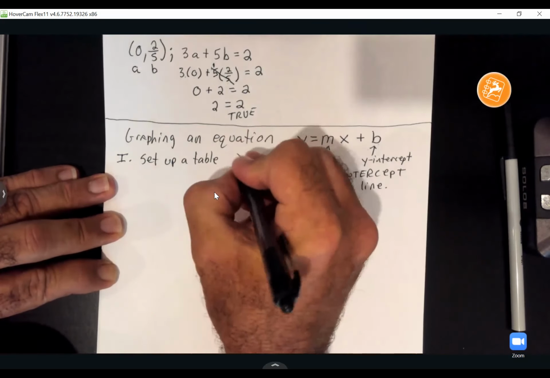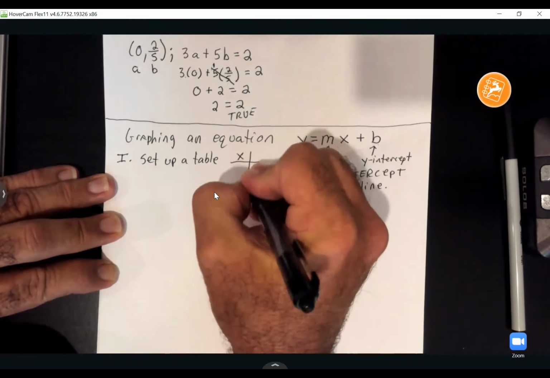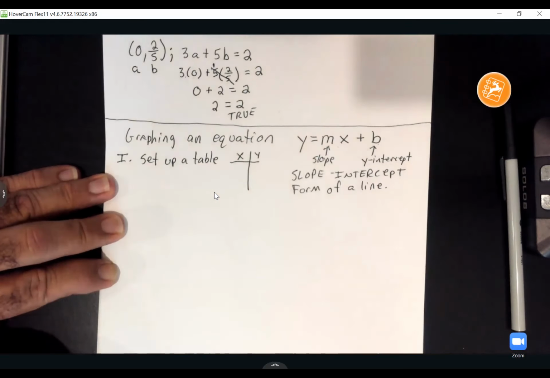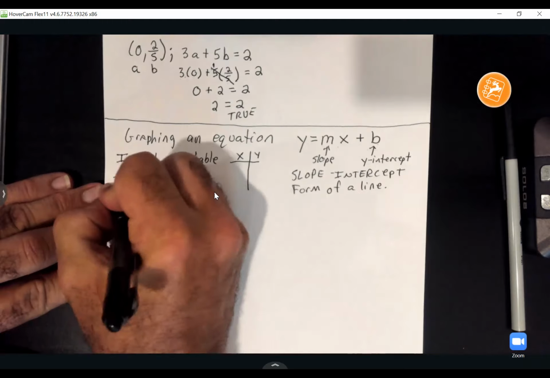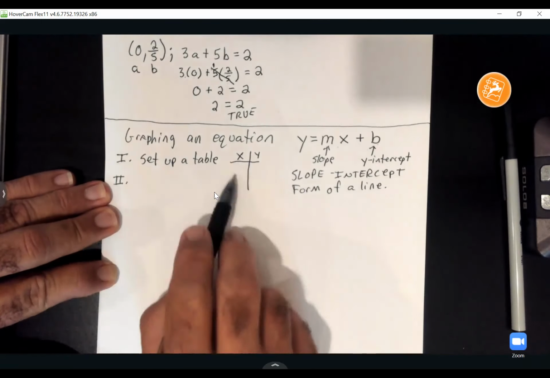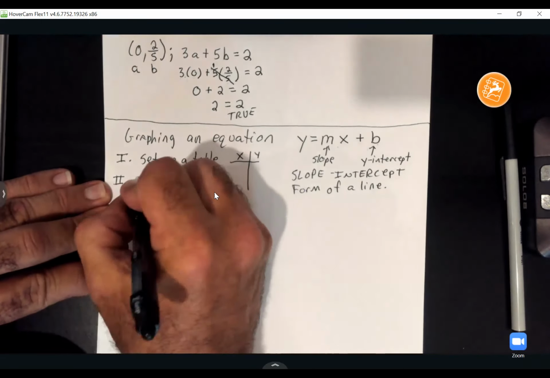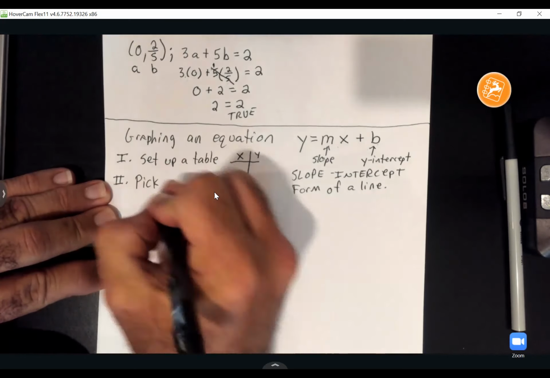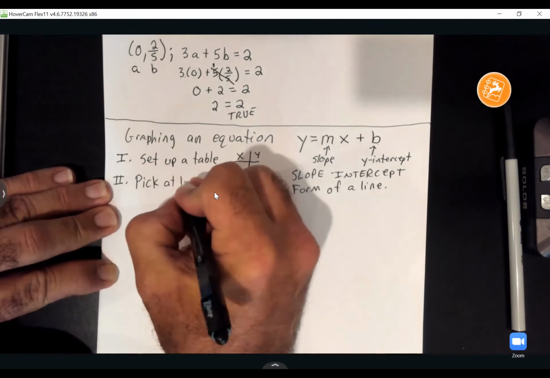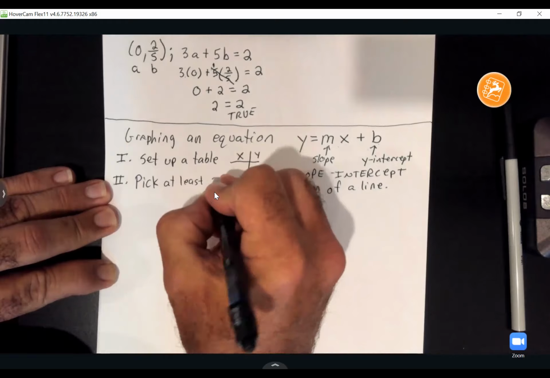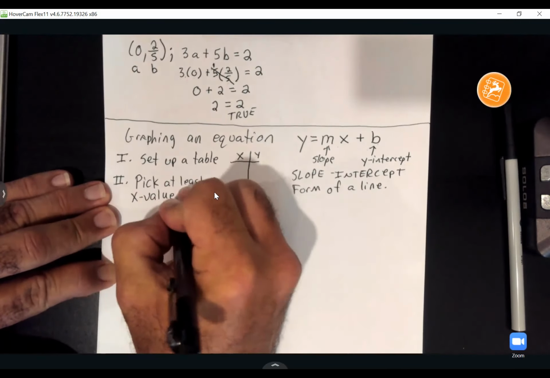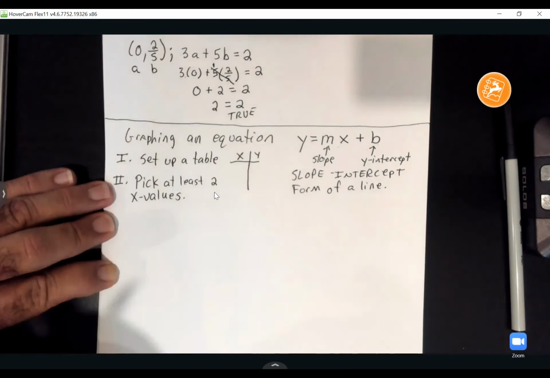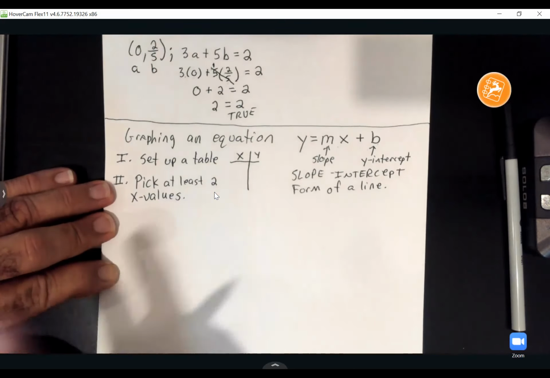And y'all, my table will be an x and a y table. Once I set up my table, I'm going to pick at least 2 x values, because remember, I need at least 2 points to draw me a straight line.